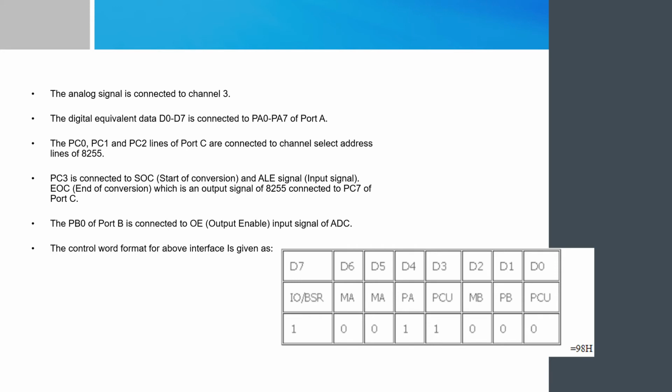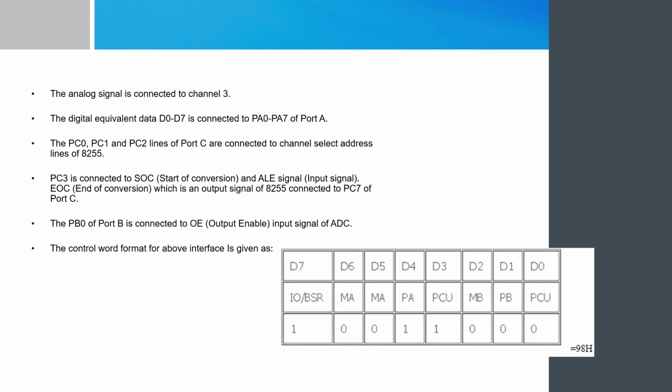Next, the analog signal is connected to channel 3. The digital equivalent data D0 until D7 is connected to PA0 until PA7 of port A. The PC0, PC1, and PC2 lines of port C are connected to the channel select address lines of the ADC.